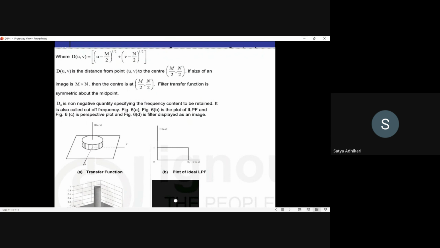Figure 6b is a plot for ILPF, and figure 6c is a perspective plot, a filter displayed as an image. The transfer function of an ideal filter has only 0 and 1 values, with maximum value 1.